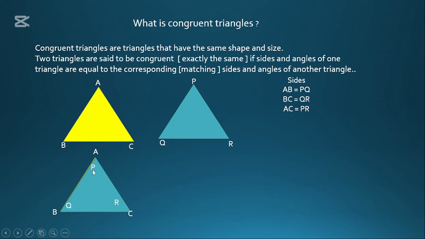Here you can see P and A, they are equal. Angle Q and B, they are equal. And R and C, they are equal.